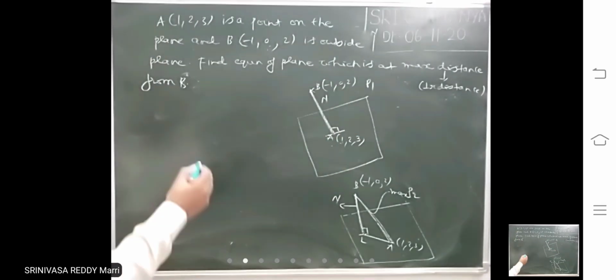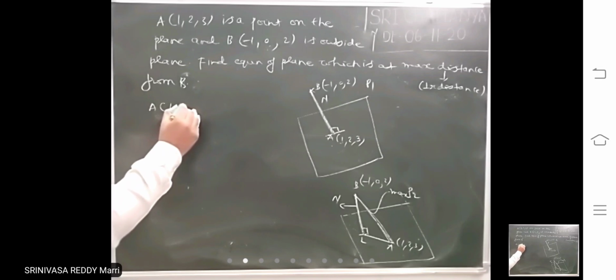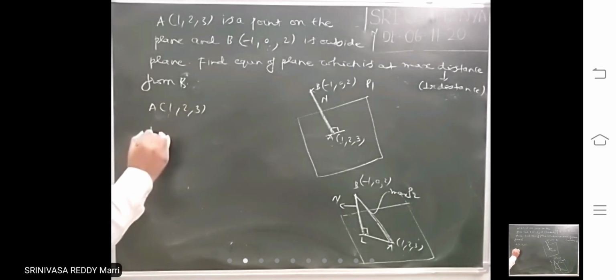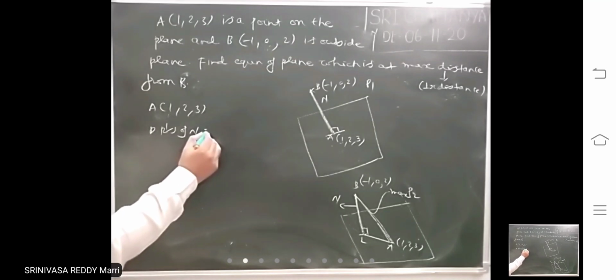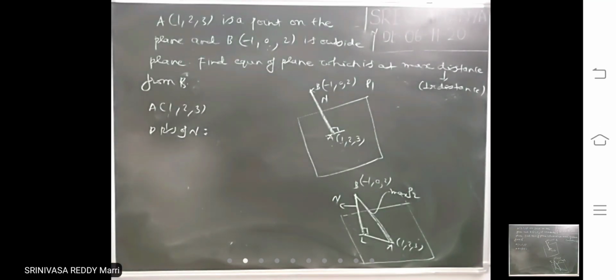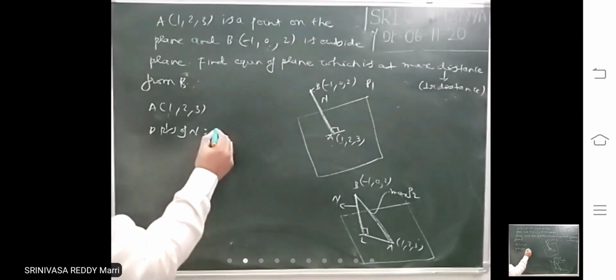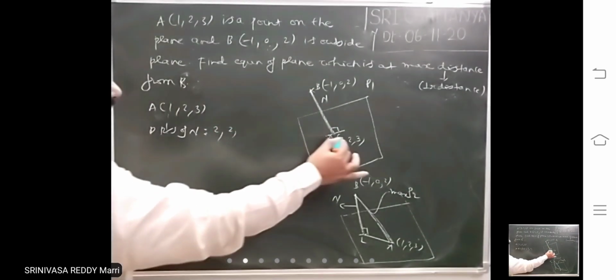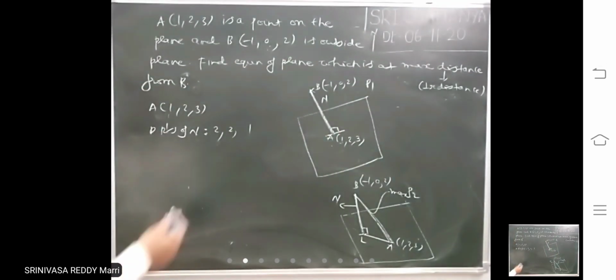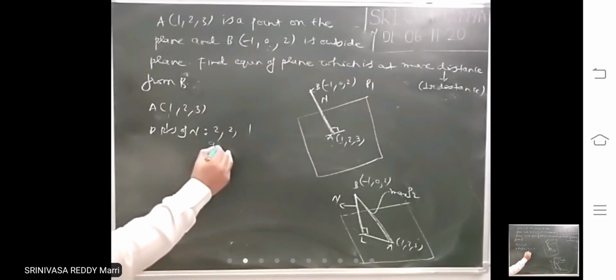That means this plane you can write easily. It is passing through 1, 2, 3. DRs of the normal are nothing but 1 minus of minus 1, 2 minus 0, 3 minus 2, 1. Therefore, DRs are 2, 2, 1 and the point is there.